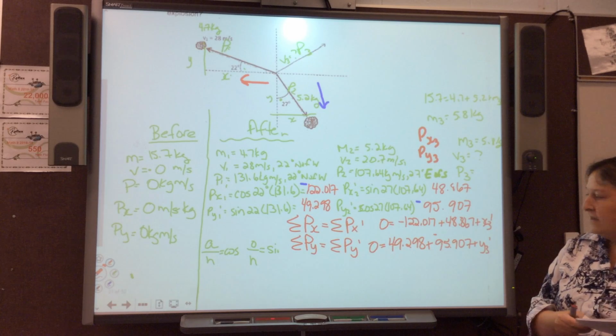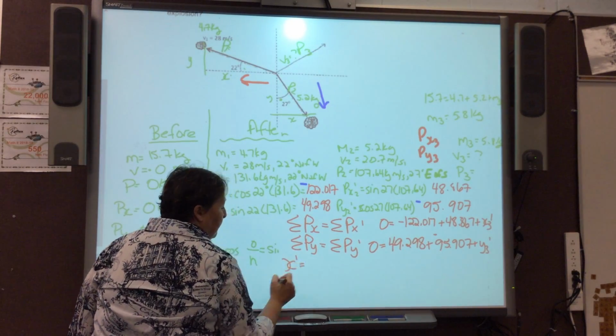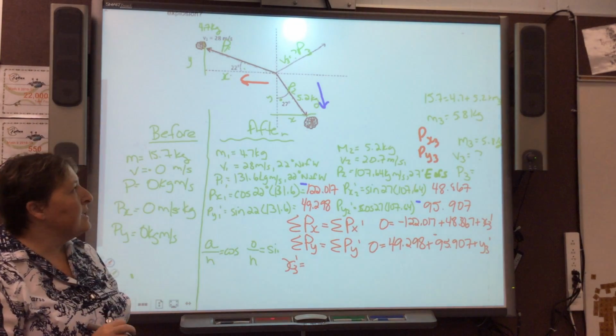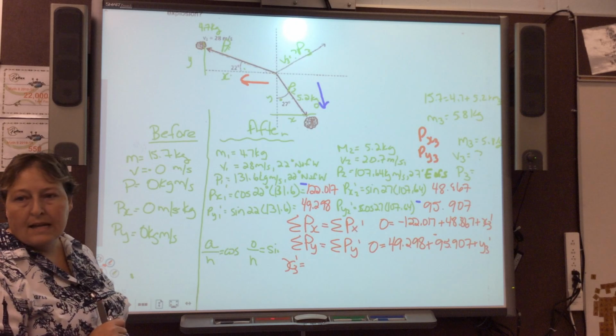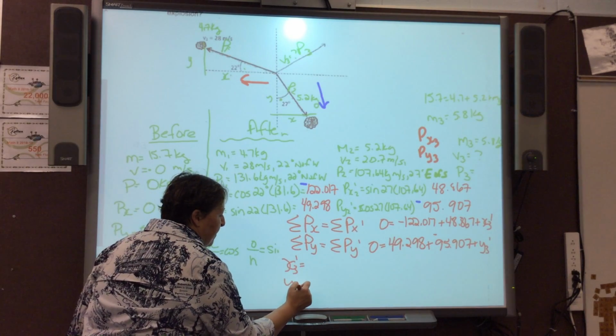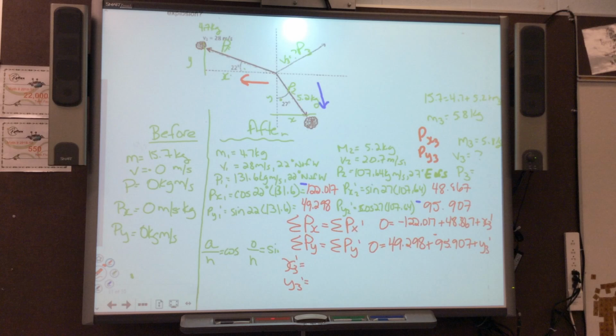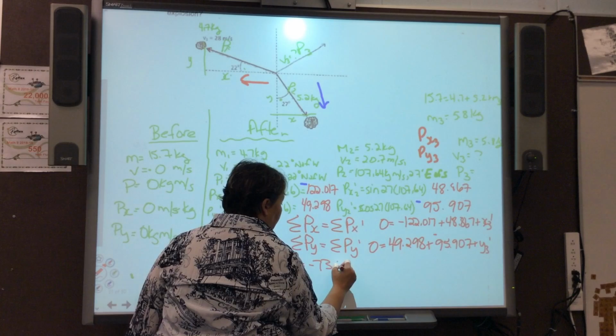Once you figure those points out and you can figure out your total momentum, then you can figure out your velocity. So your x prime is equal to what? Negative 73.15.